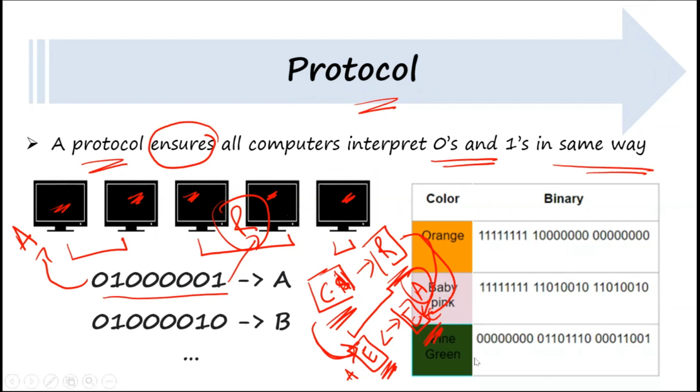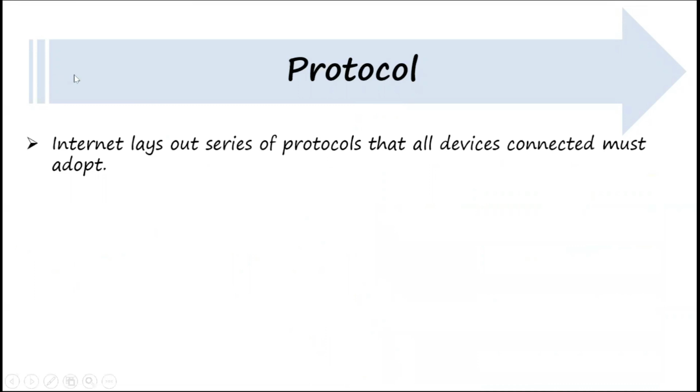So let's move ahead and see what the internet lays out for us. The internet lays out a series of protocols. There's not one protocol, there is a series of protocols that all devices connected to the internet must adopt. So just remember, not one protocol, there is a series of protocols for different functions.